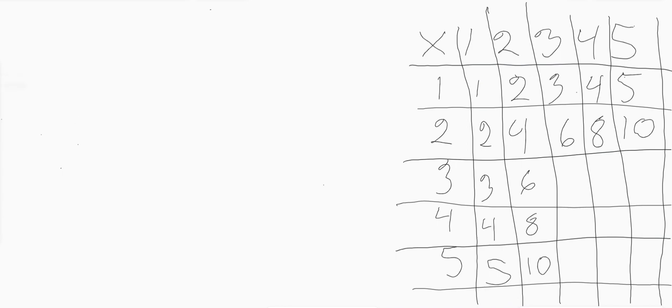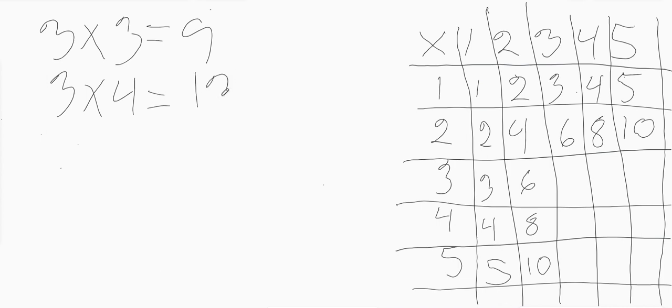For example, when we look at your 3's, 3 3's, that's what 3 times 3 is. 3 3's is 9. 4 3's, which is 3 times 4, that's 12. 5 3's, which is 3 times 5, is 15.